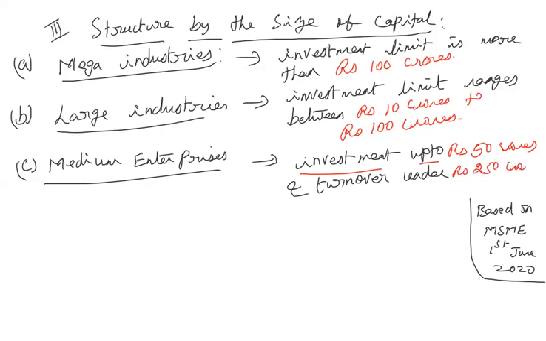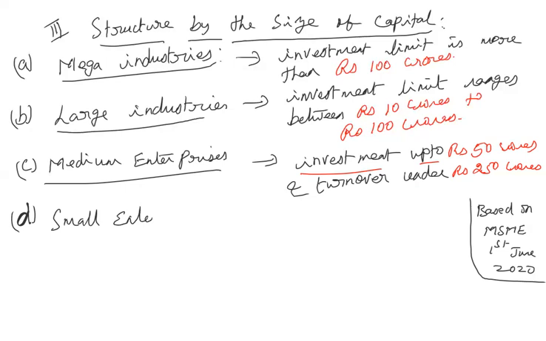If their turnover is less than 250 crores and their investment limit is up to 50 crores, then those enterprises are called the medium enterprises.